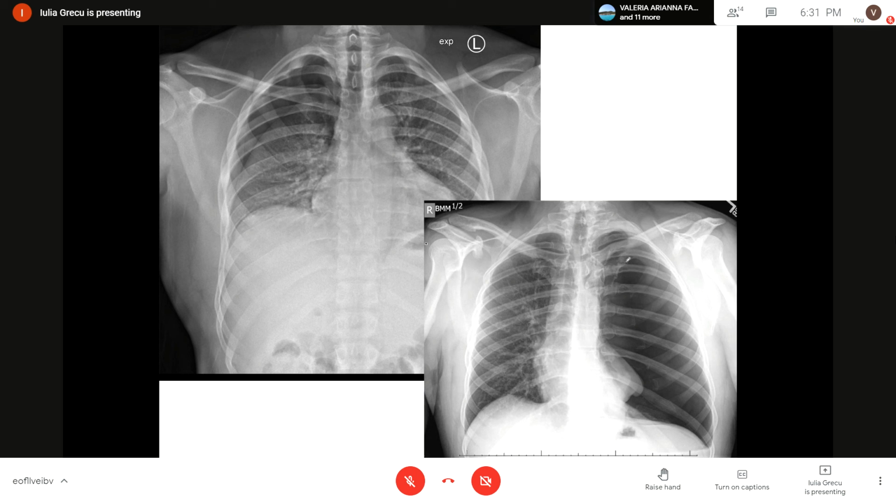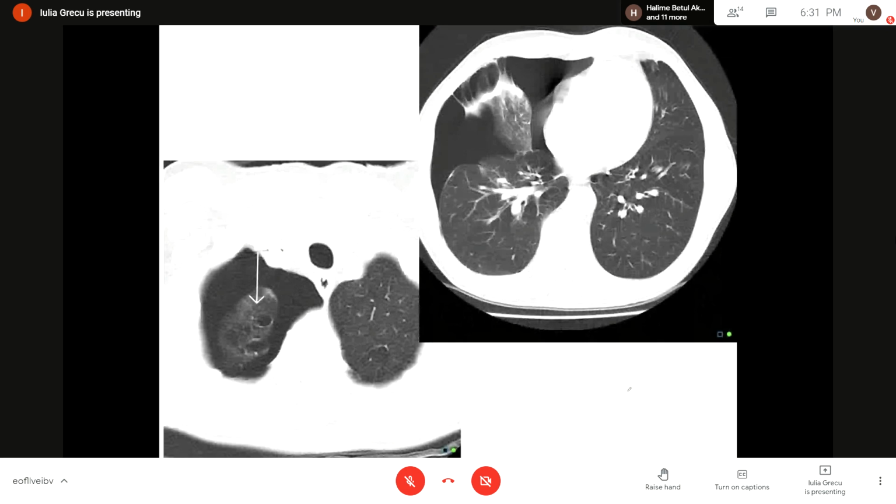Okay, moving forward. Another sign that is typical in this setting is a flattening of the respective diaphragm. Imagine that there is such a quantity of air here that it will push the diaphragm towards the abdominal cavity.